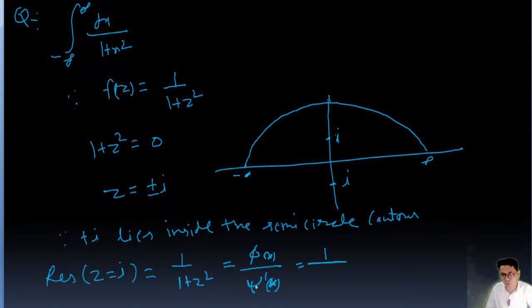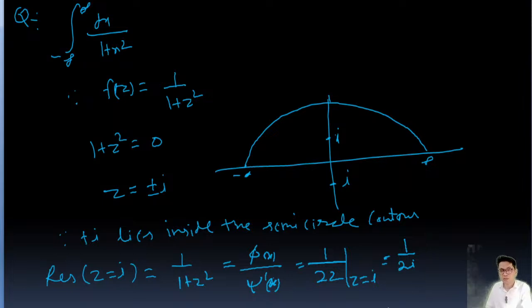So this is going to be 1 upon psi dash x, which is 2z, at z equal to iota, and this value is going to be 1 upon 2 iota.